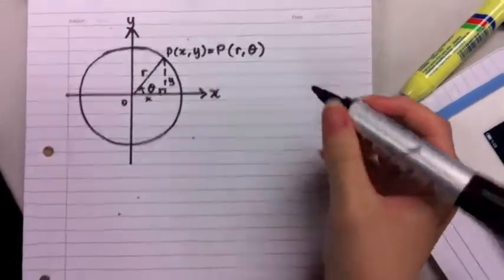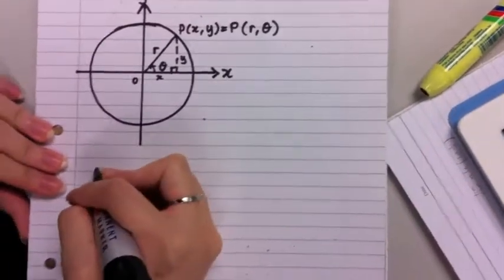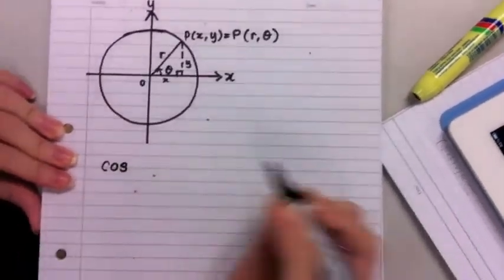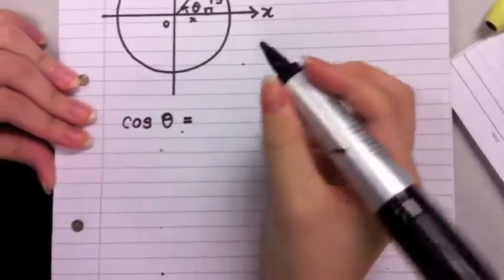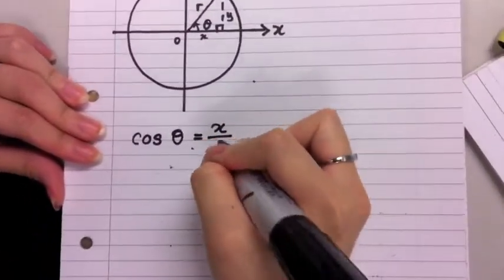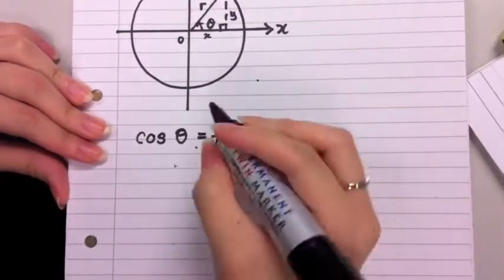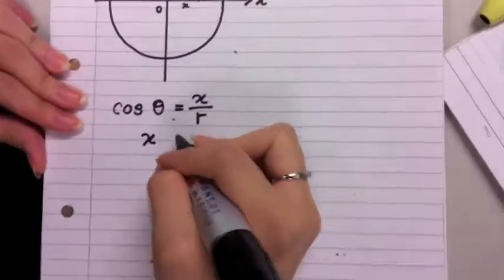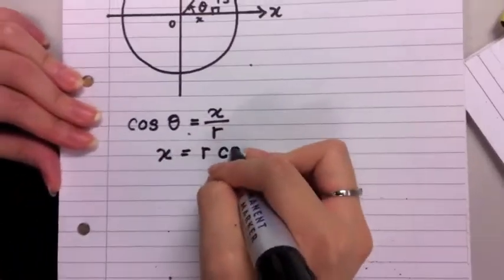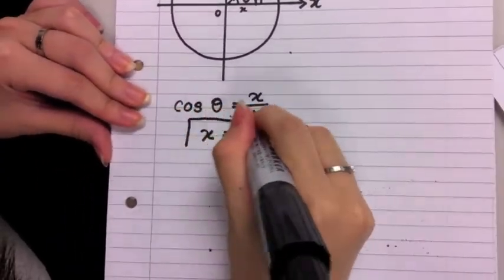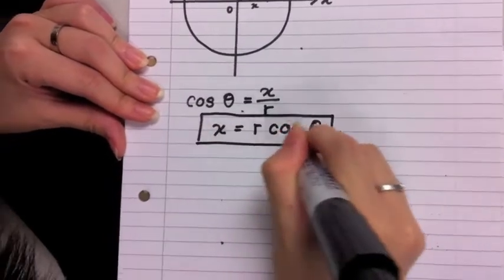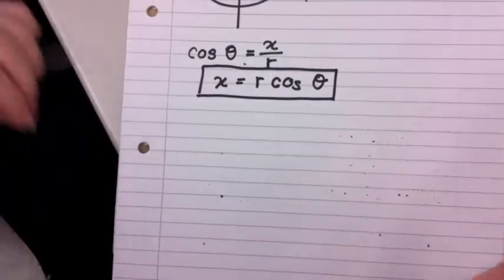Using simple trigonometry, cos theta, which is adjacent over hypotenuse, is x over r. Therefore, x equals r cos theta. This is one of the equations that relate polar and Cartesian coordinates.